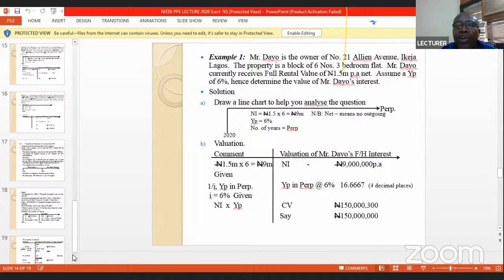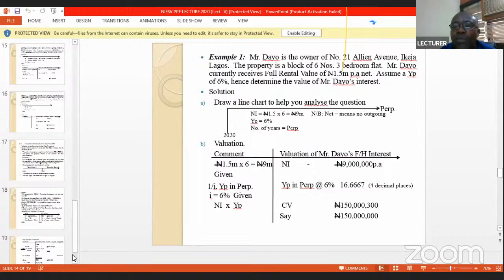Mr. Dayo currently receives a full rental value. The question was very clear on it. So if you look at our analysis, the net income is 1.5 million naira multiplied by 6 flats, because the question says a block of 6 numbers, 3-bedroom flats.